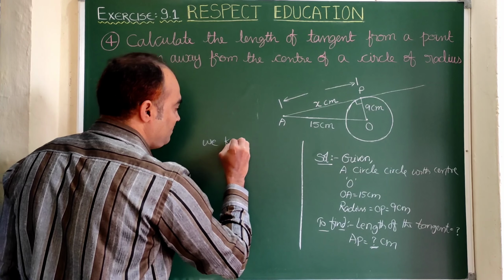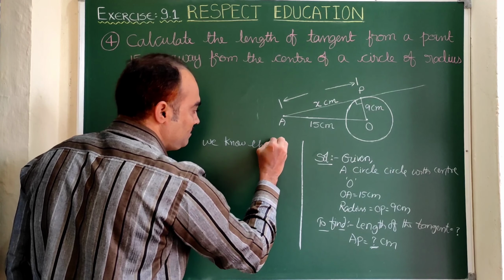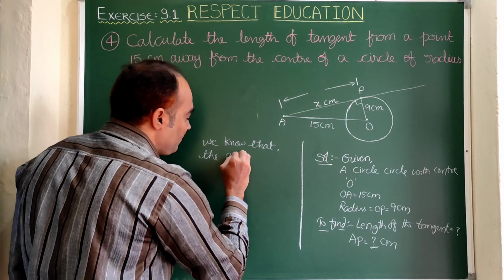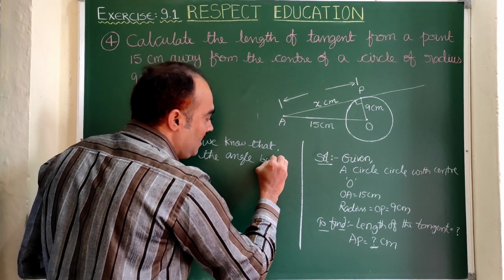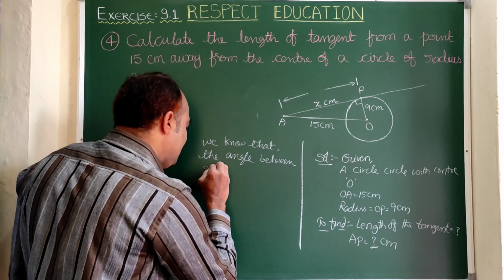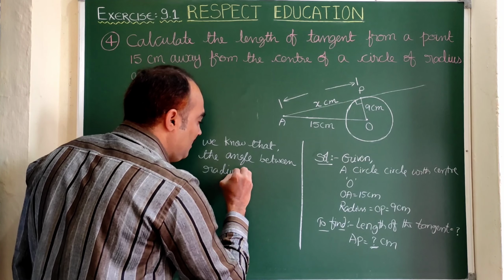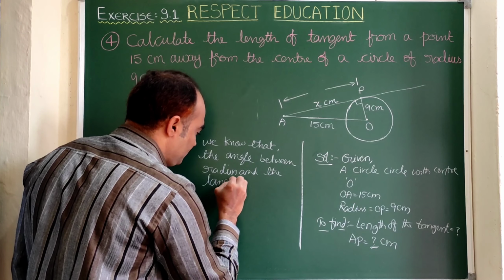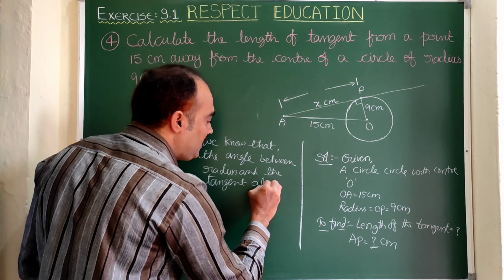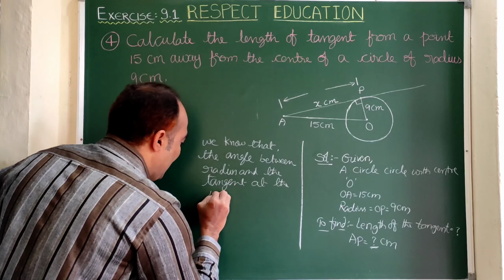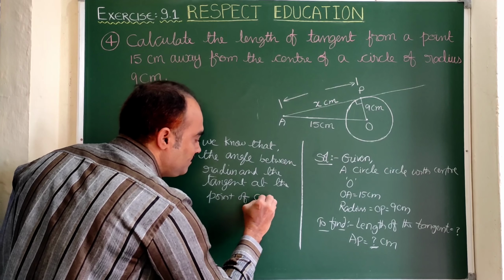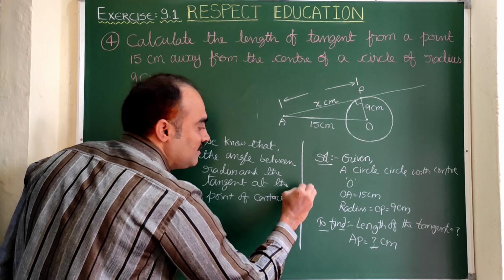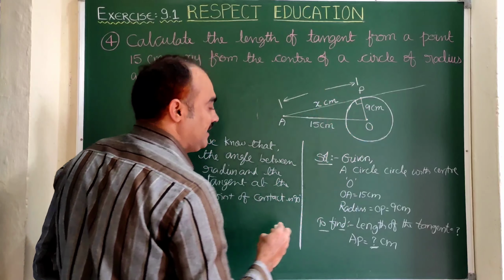We know that the angle between radius and the tangent at the point of contact is 90 degrees. That means here angle P is 90 degrees.